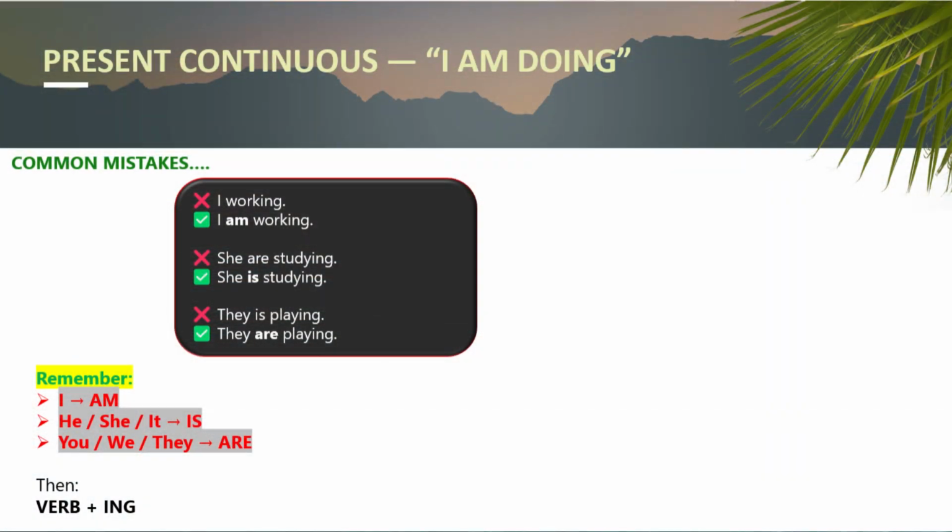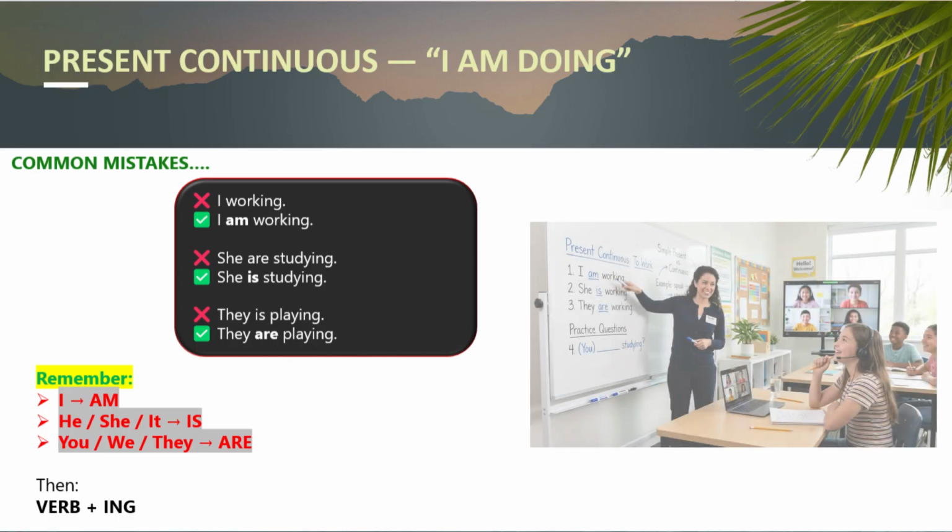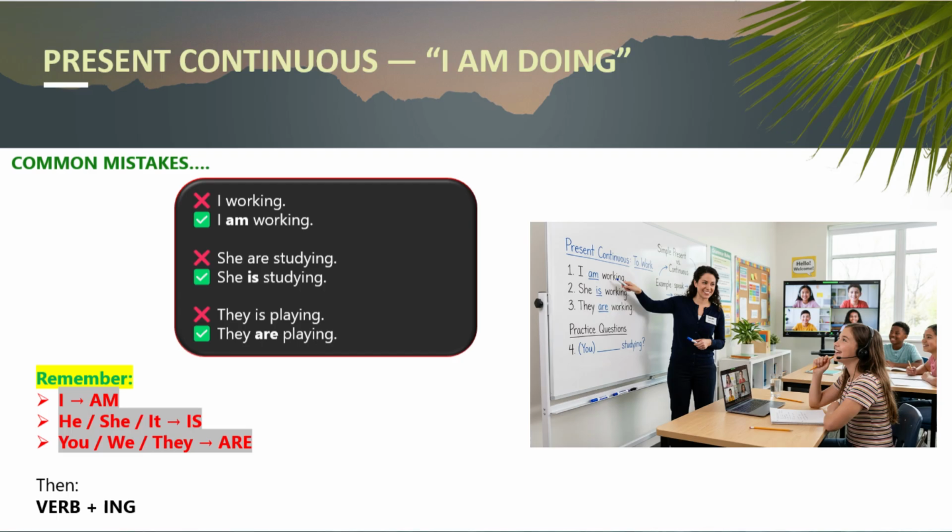Let's quickly review some common mistakes and practice. One common mistake is forgetting am, is, or are. Students sometimes say, I working, but we need to say, I am working, or more naturally, I'm working. Another mistake is using the wrong helping verb.